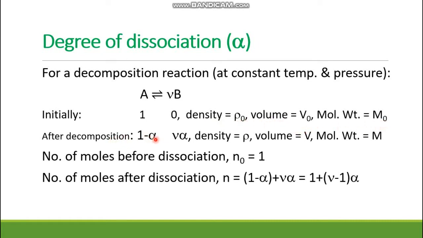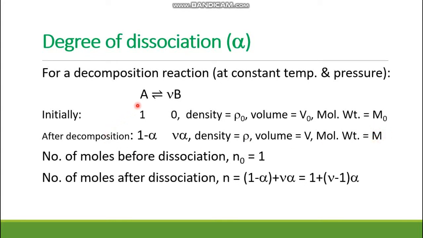Finally, after decomposition of alpha fraction of the reactant, the piston has moved but the overall mass is not changing and volume has increased. Mass by volume is density, so the density would decrease. Even the average molecular weight would decrease.